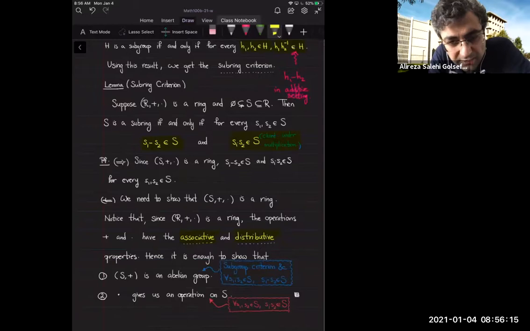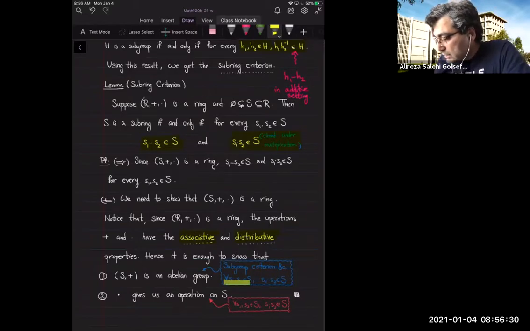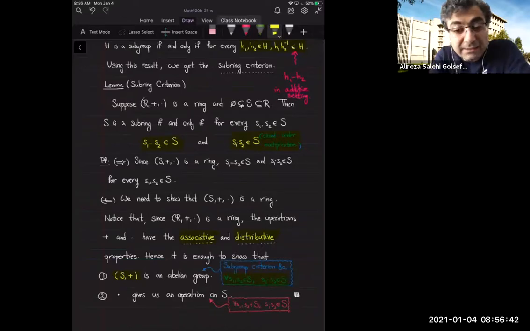But why are they binary operations? They are binary operations because of the subgroup criterion. We know that for every s1 and s2 inside this set, their difference is inside S. By the subgroup criterion, we deduce that (S, +) is an abelian subgroup, and therefore it's an abelian group.